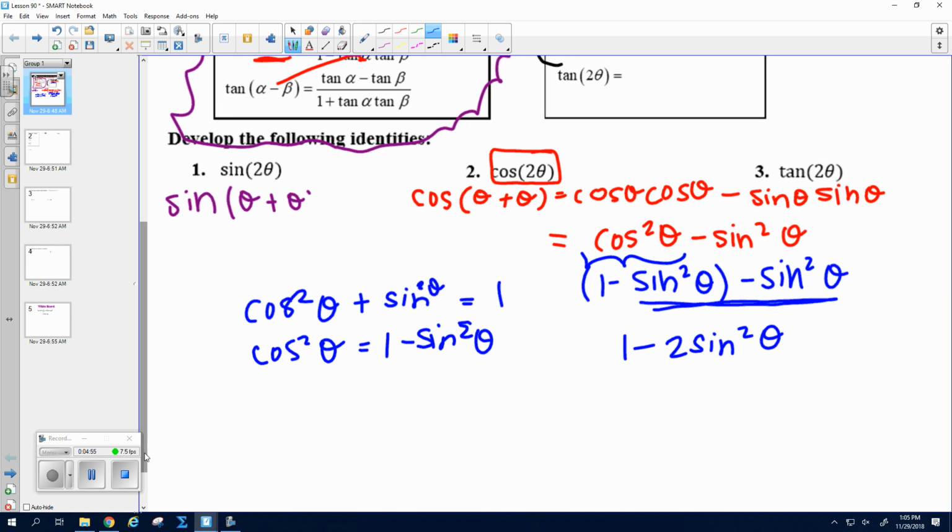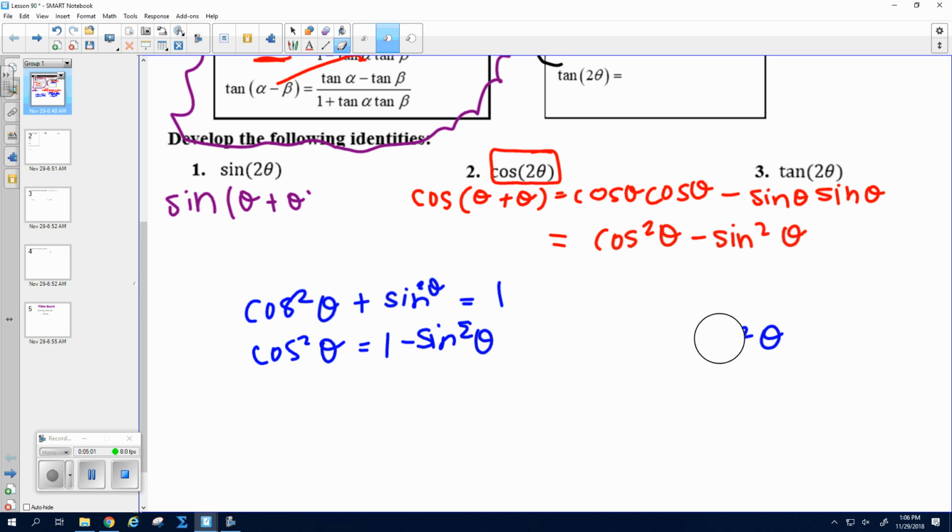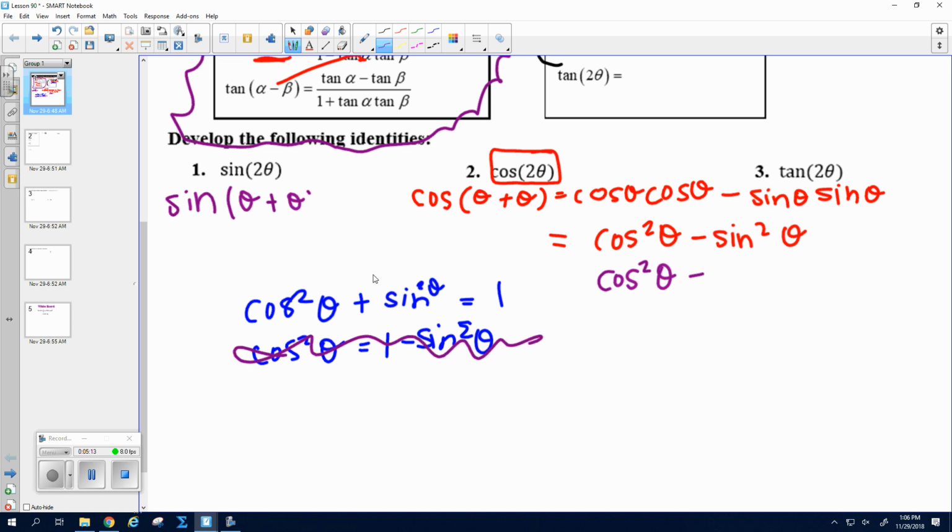How else could I do this? Well, instead of replacing cosine squared theta, I could also replace sine squared theta in this problem. So I've got cosine squared theta minus sine squared theta. And now I could replace sine squared theta. So if you isolate the sine squared theta in this equation, you get 1 minus cosine squared theta.